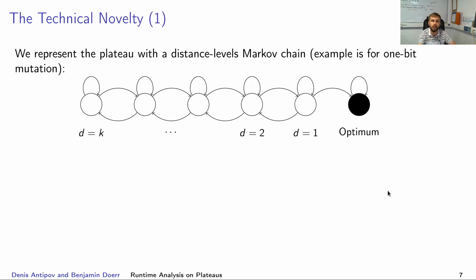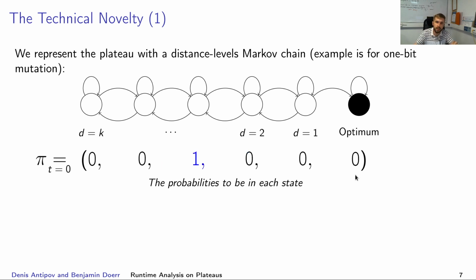In our analysis, we used Markov chains, and we represented the plateau with a distance levels Markov chain, where each state corresponds to the distance of the current individual to the optimum. We considered the distribution over the states of the plateau.